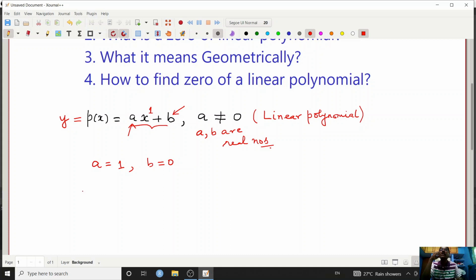So in this case, the polynomial becomes y is equal to p of x, which is equal to 1 into x, and that is nothing but x. So y is equal to p of x is equal to x.